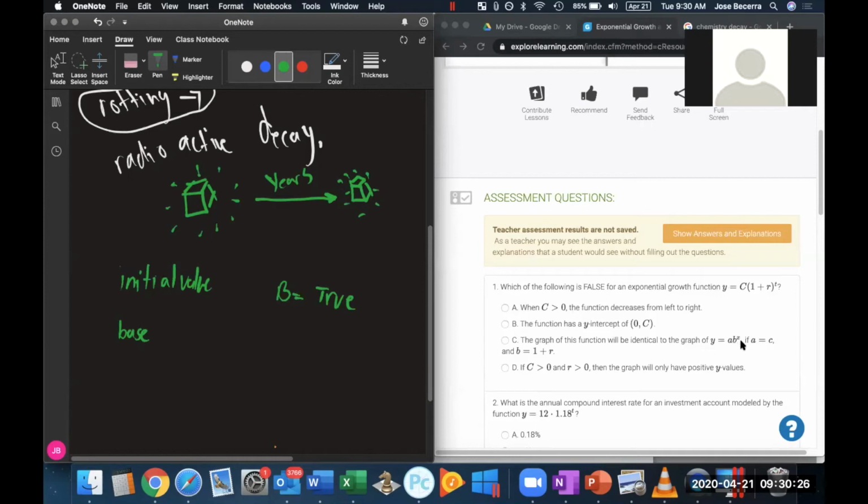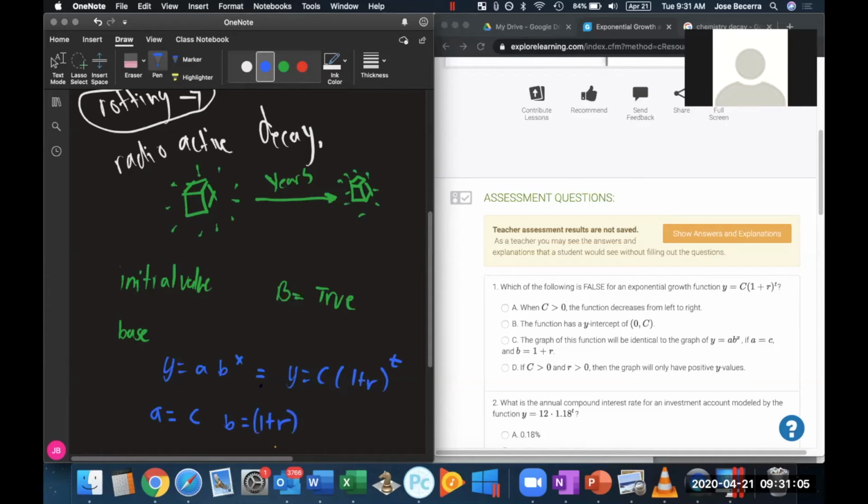Let's see. The graph of this function will be identical to the graph of y is equal to a times b to the x if a is equal to c and b is equal to 1 plus r. Is that true, guys? Let's look at this. y is equal to a times b to the x is equal to y is equal to c times 1 plus r to the t power if a is equal to c and b is equal to 1 plus r.